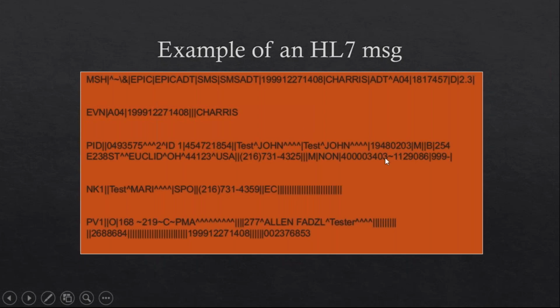And we have PID 13 with the phone number, which is separated with the help of a tilde, the inverted S. The patient has two phone numbers: this is the first phone number and this is the second phone number. In this way, you can go ahead and read an entire HL7 message. The PV1 segment is for patient visit, and the PID segment is for patient identification. And then we have the message header segment. This is the way that you read an HL7 message.